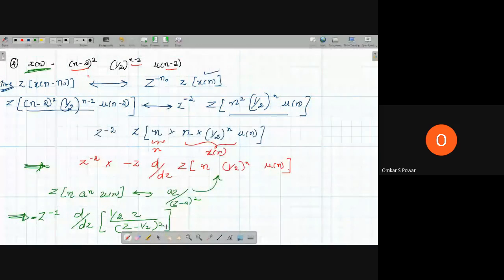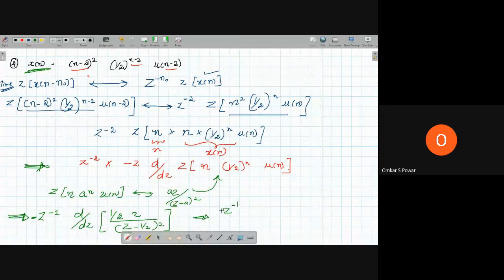Then you can take this 2 outside. So you can write it as z to the power of minus 1, minus, divided by 2, d by dz of z by z minus half the whole square. So this you have to simplify. Again, it will take 2-3 steps.